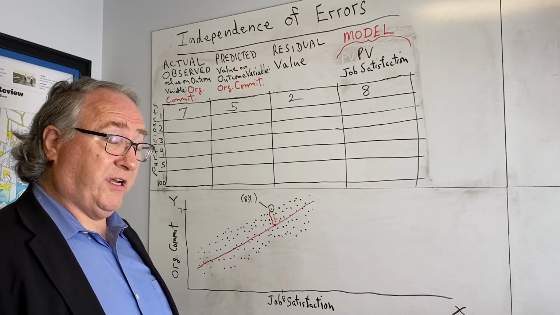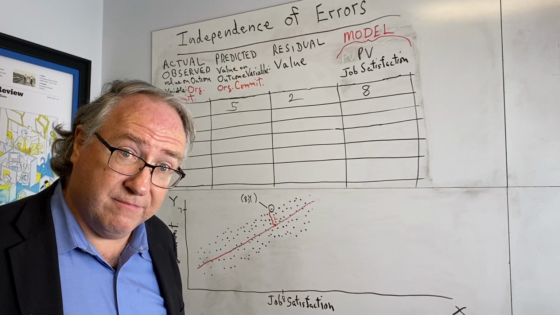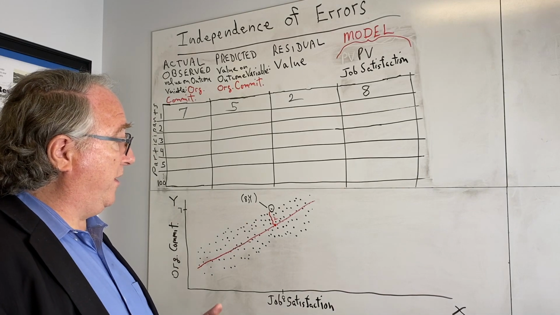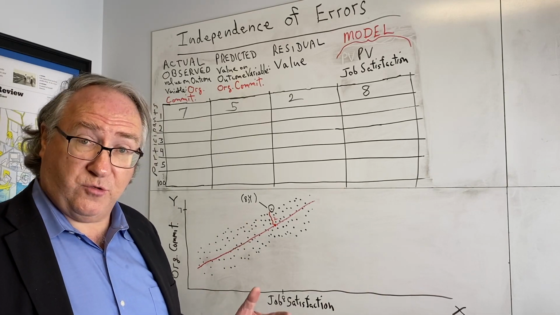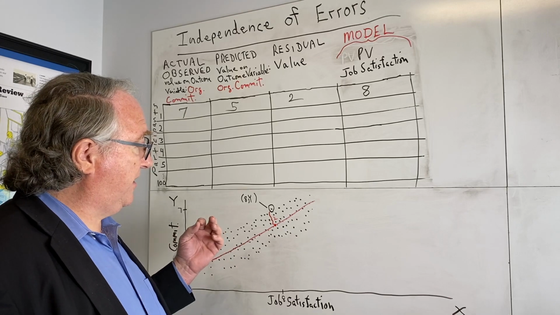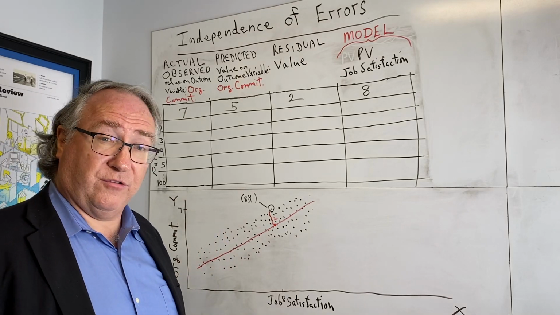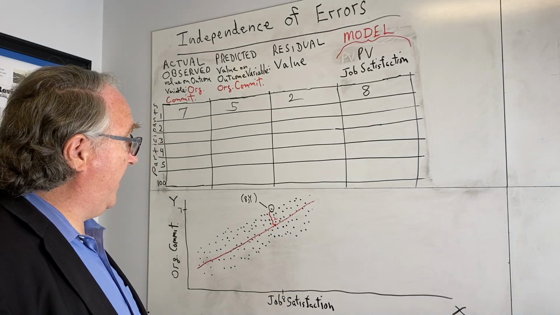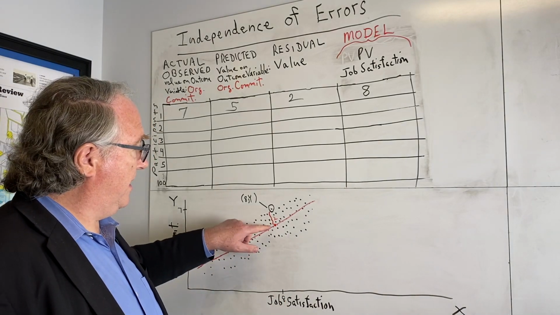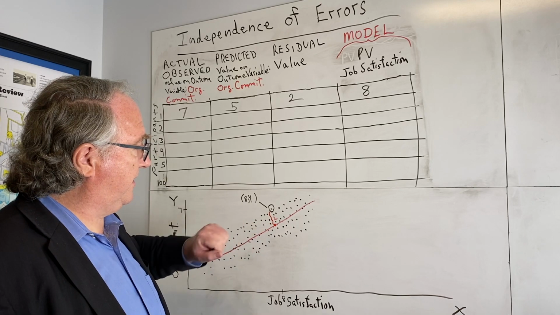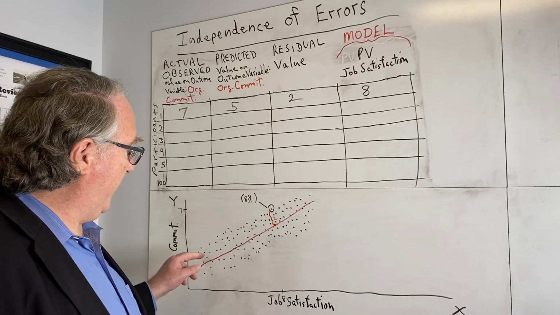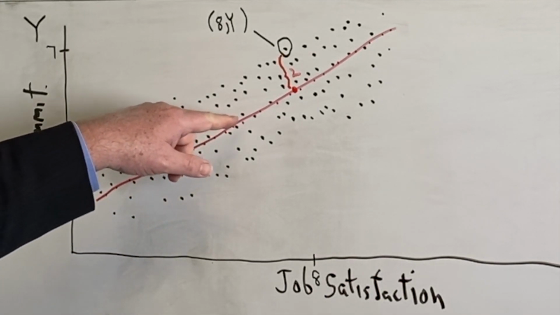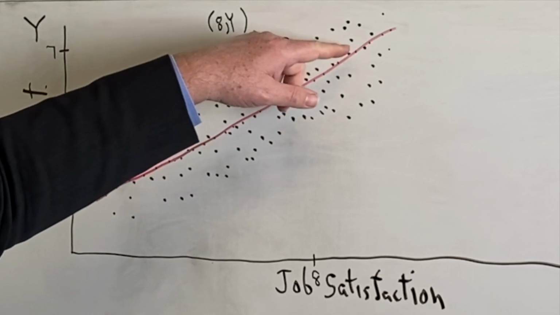We also have, because every observed value has a friend, a corresponding predicted value based on what we know about each participant's degree of job satisfaction, a predicted value from the model as to each participant's score on the outcome variable measure, organizational commitment. So for participant 1, there's the predicted value from the model, but we have that predicted score for each of our 100 participants. So we have 100 of those predicted scores from the model.